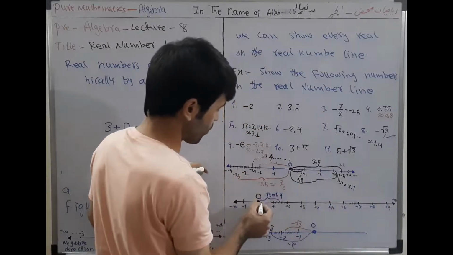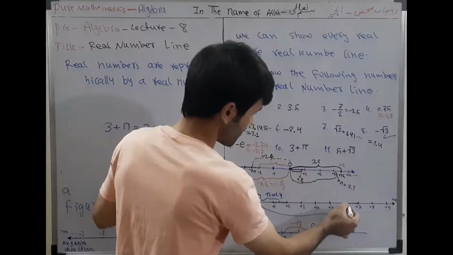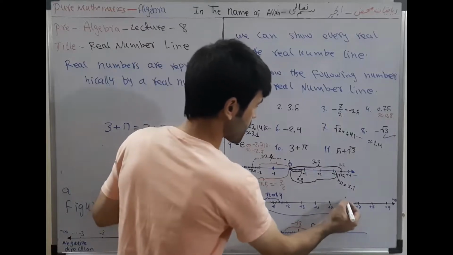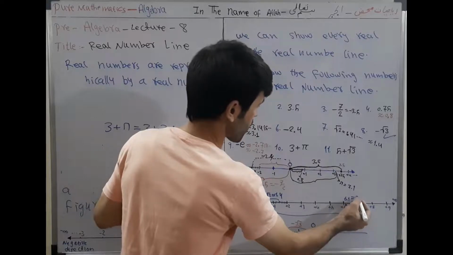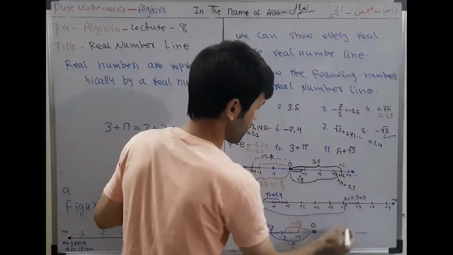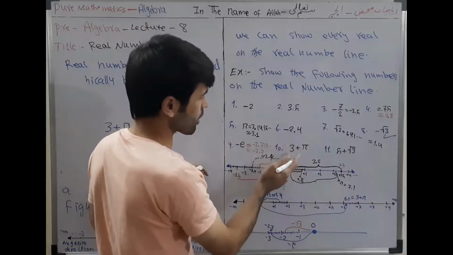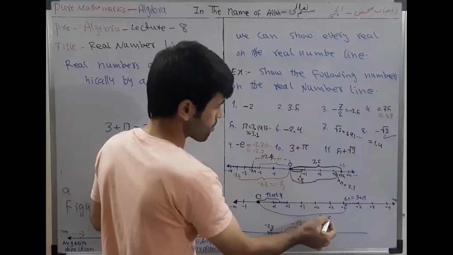From 0 up to here it is 6.1, or we can write 3 plus pi. It is the location of the number 3 plus pi.